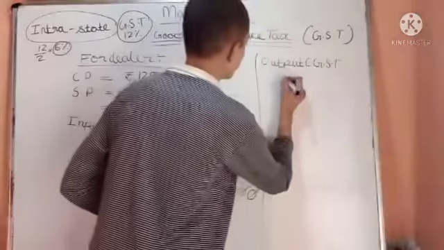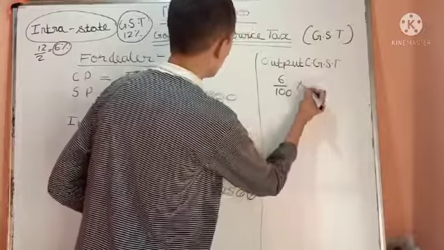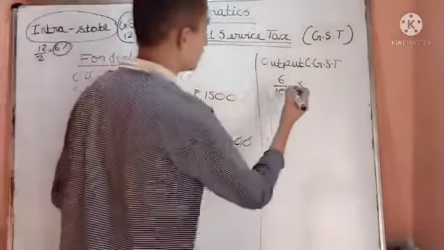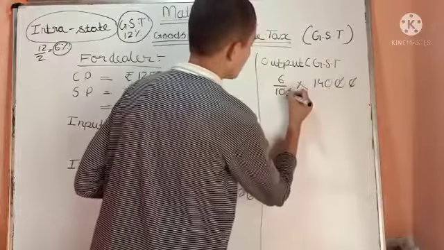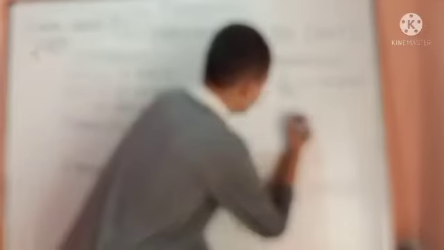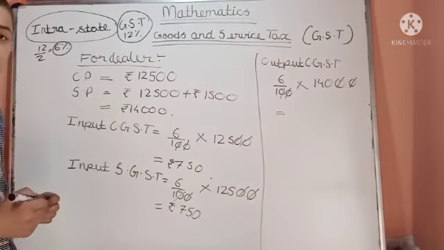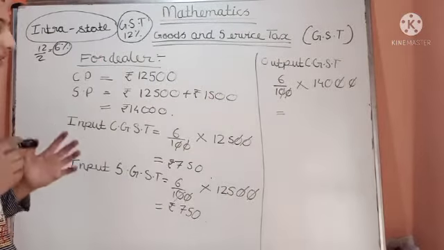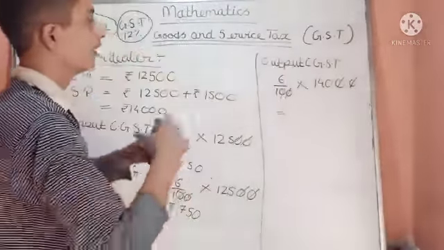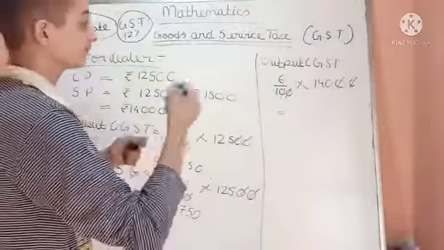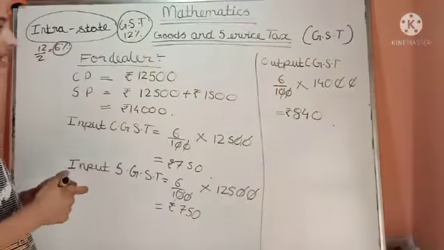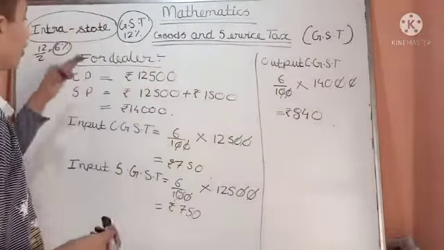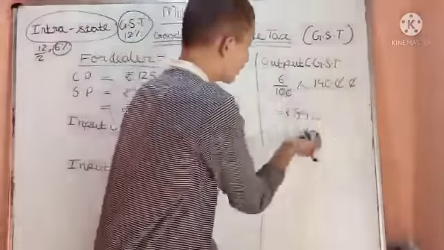So here it will be 6% of 14000. The zeros will be cancelled, and 14 6s are, tell me fast, tell me. 14 5s are 70, 14 6s are 84. So the output CGST of the dealer will be 840, and output SGST will be equal to output CGST, but we will calculate it.